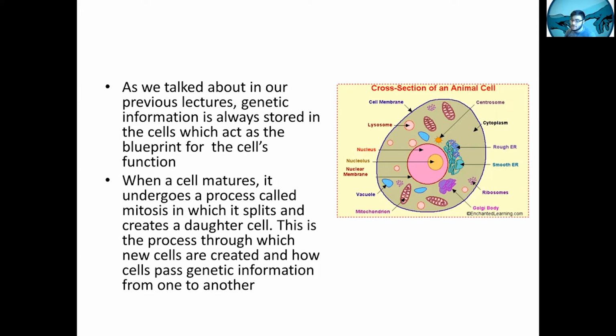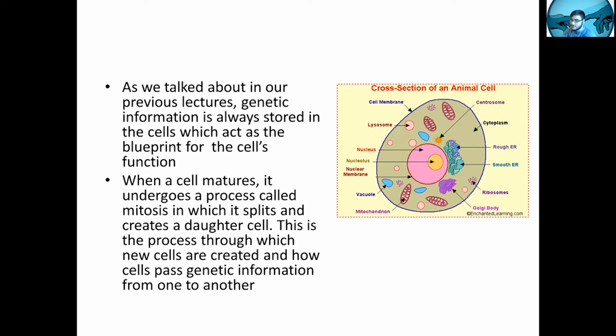When a cell matures, it undergoes a process called mitosis in eukaryotes, and we'll talk a little bit more about prokaryotes, in which the cell splits apart and creates a daughter cell, which should be, in most cases, an exact copy of itself. It's called a daughter cell because it's essentially birthing a new cell, and that's how cells are created.